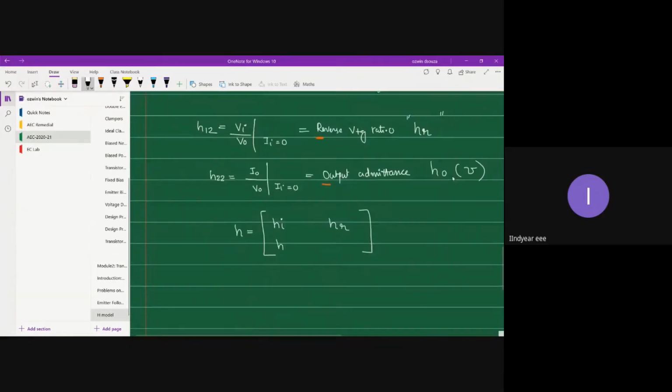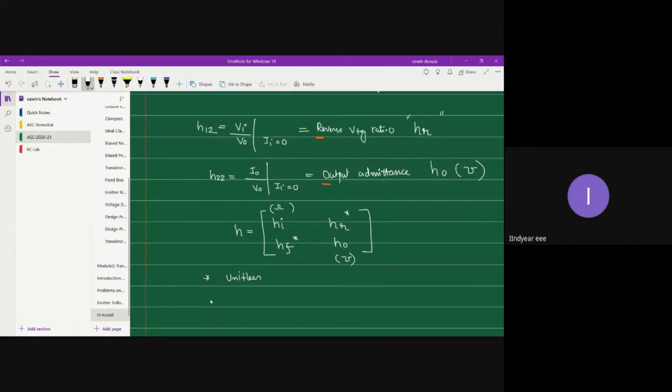It is HF, and H22 is your HO. If you observe carefully, the unit of HI is ohm and the unit of HO is Siemens or mhos. On the other hand, HR and HF, I'll just write a star, are unitless or dimensionless.